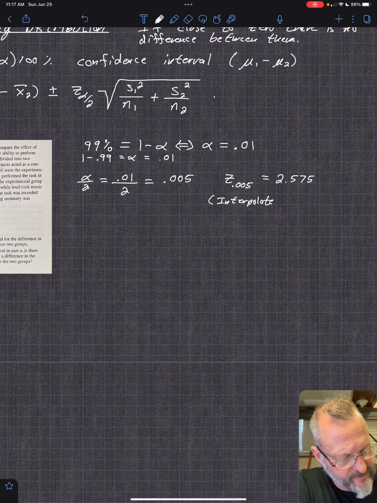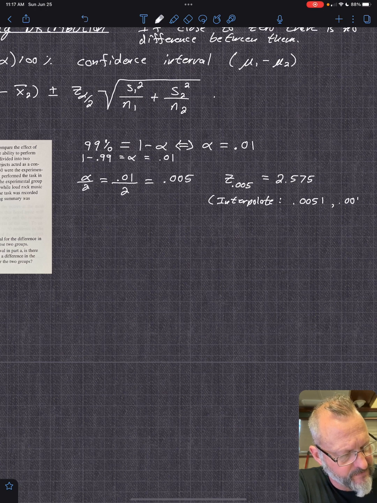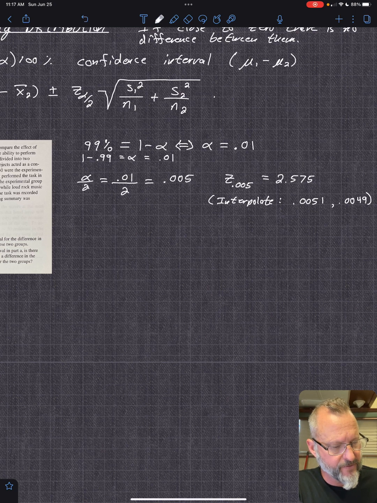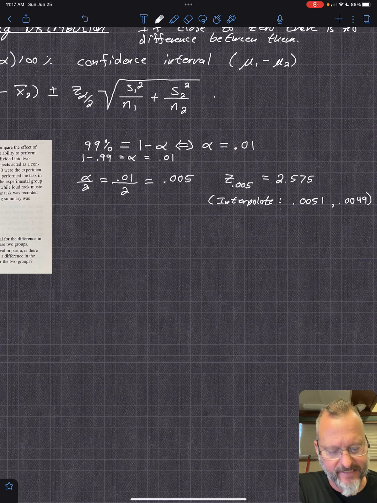Okay, so what you end up doing is interpolation. You interpolate 0.0051 and 0.0049. And if you use just 2.58, you're fine. It's not going to really matter, but that's really what you do.